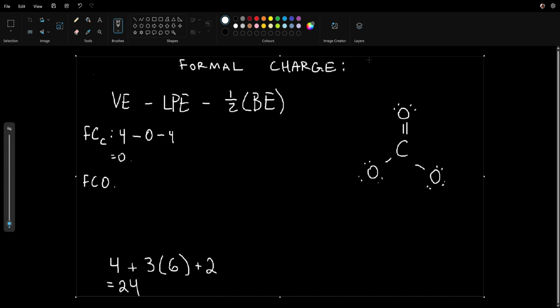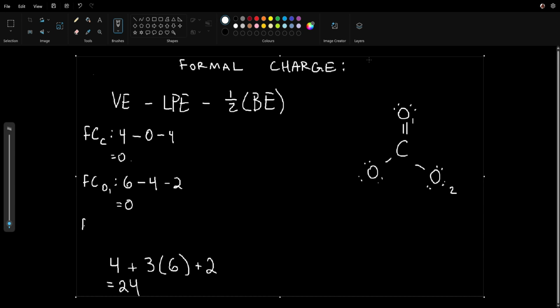So I'll label this as O1, and I'll label this as O2, because we have 2 different oxygens in terms of orientation, so we have to do the formal charge for each. Now the first one is going to be 6 minus 4 lone pair minus 2, which is going to give us 0.